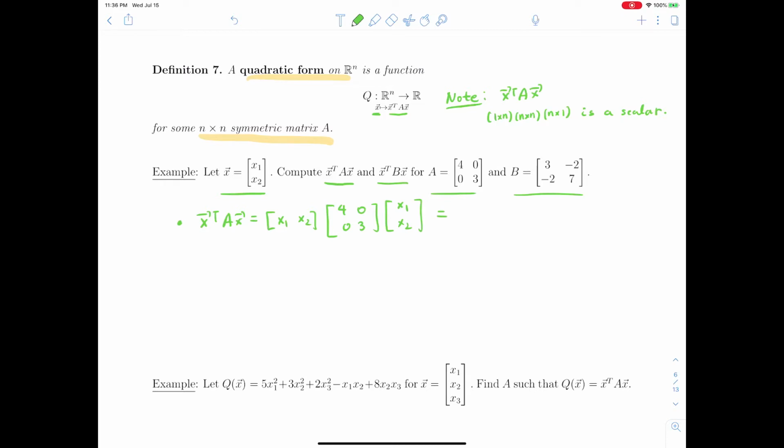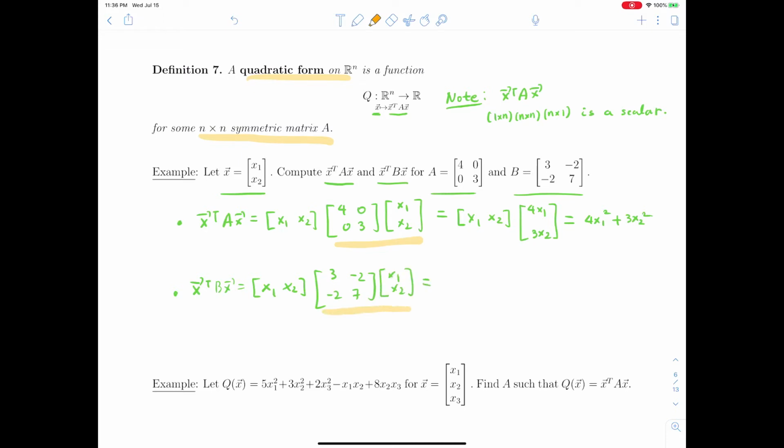So the last two equals, we have x1 and x2 at the beginning, and it should be 4x1 and 3x2. And if you multiply these two matrices, then you will get 4x1 squared plus 3x2 squared. On the other hand, x transpose Bx equals, again, x1 and x2, and 3, -2, -2, and 7, and x1 and x2.